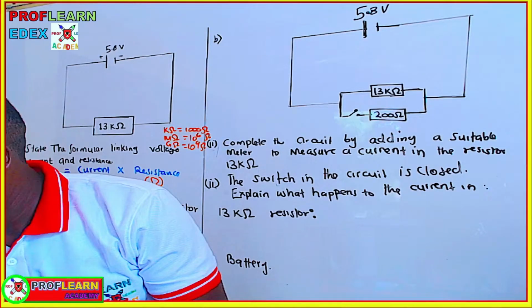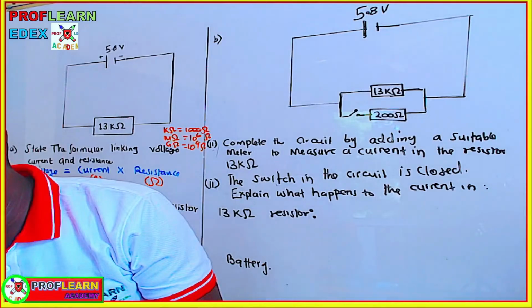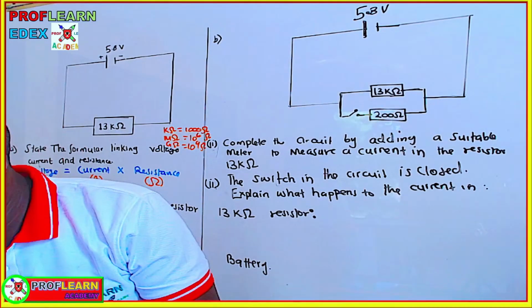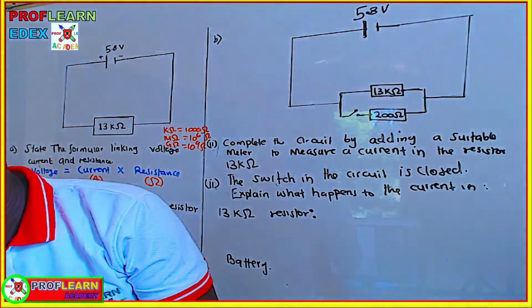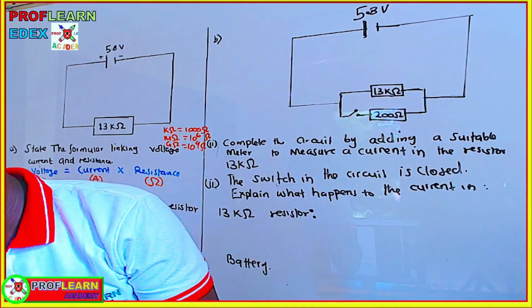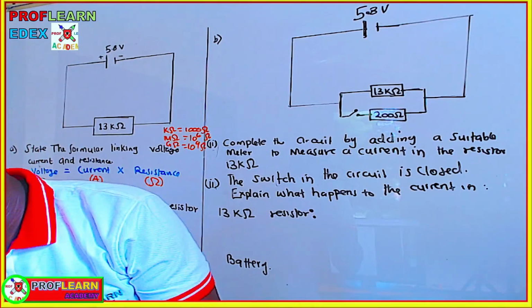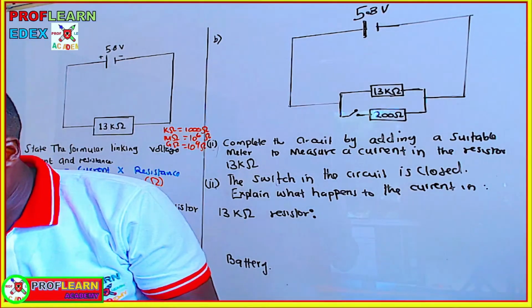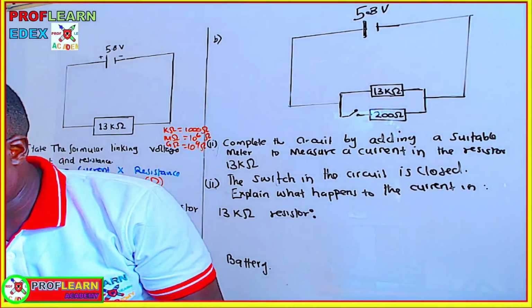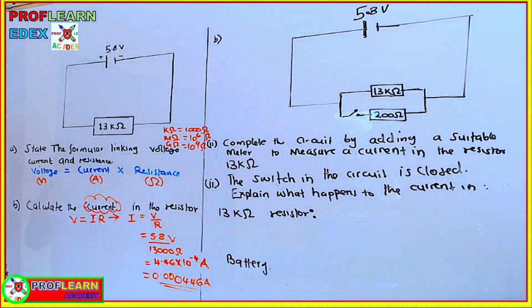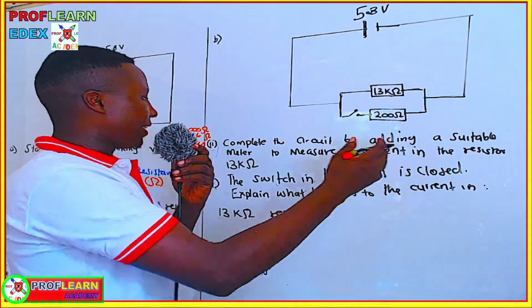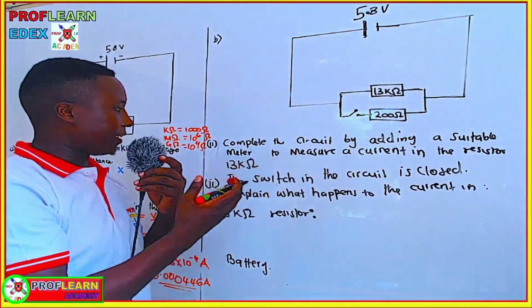So we need to go to the next bit of this particular question. All right, so we need to move to the next part of this question, because we are told to complete the circuit by adding a suitable meter to measure the current in the resistor.